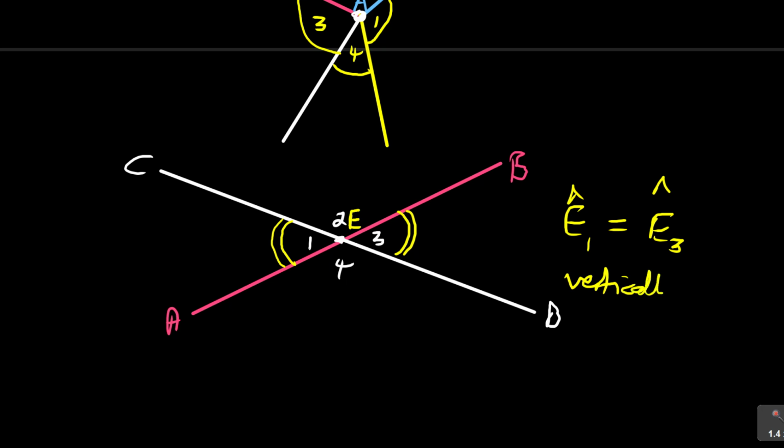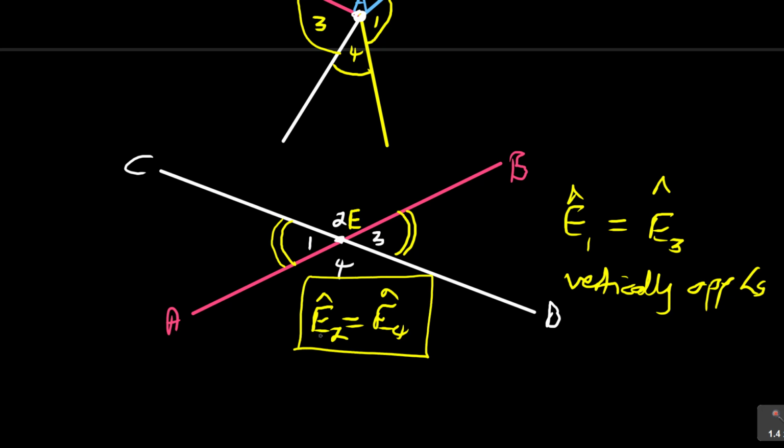Don't forget that. We say vertically opposite angles are equal. Meaning, if E1 is equal to E3, what can you see again? E2 is equal to E4. We call them vertically opposite angles.